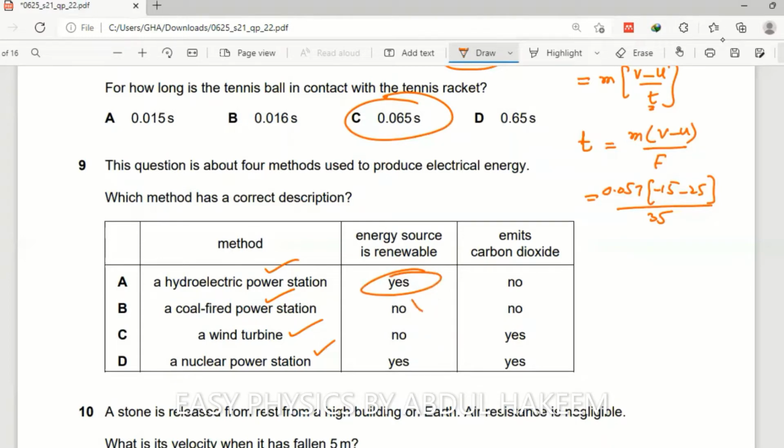Coal is not renewable. Wind turbine, yes, renewable. Nuclear power, not renewable. And then emit carbon dioxide. So hydropower station does not emit any harmful gas. So yes, this is correct. So A answer is correct. The hydropower station has a renewable energy resource and no carbon dioxide emitted. So the option is A.